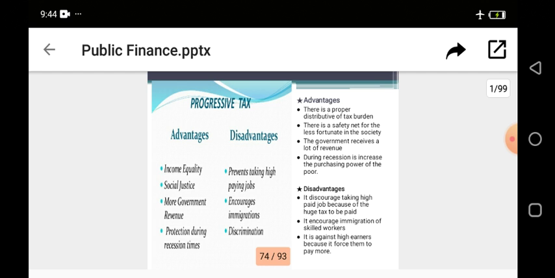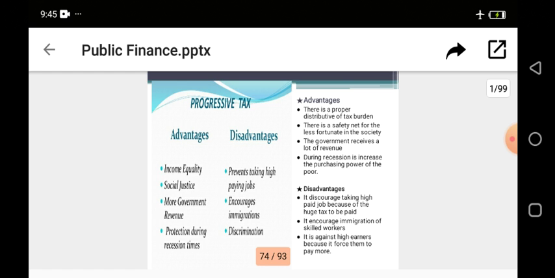Government receives a lot of revenue from the progressive tax because they get the money directly. The burden of the tax cannot be transferred, so that individual will be the one to pay the money. Apart from that, during recession, it enables money to be more in the hands of the poor, so it increases their purchasing power to be able to cope during the recession period.